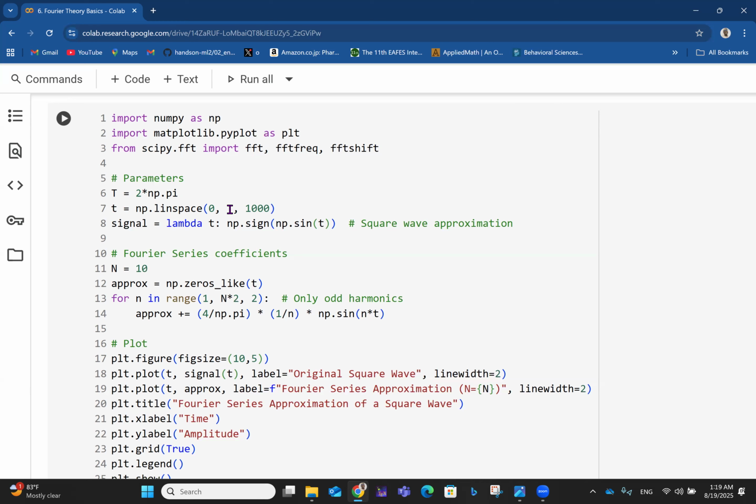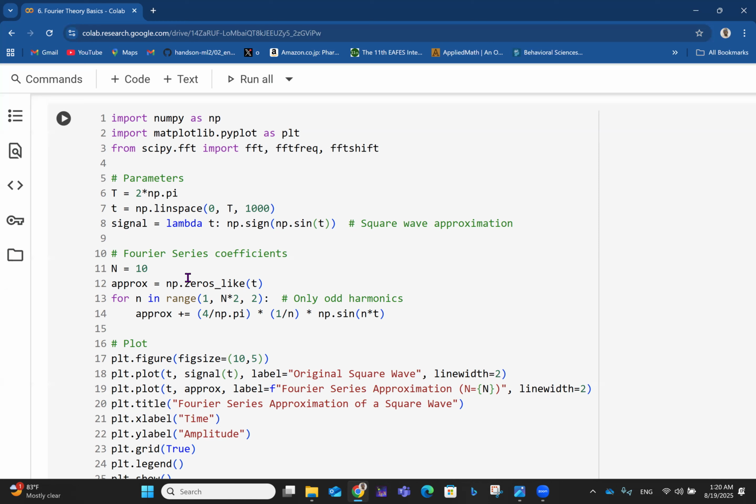And you have t. So you're saying from 0 to T, you divide that into 1,000 equal parts, and then you get the signal. Usually we know that signal is either a data set you have or a formula that represents a time series. So here we have a square wave approximation, which is np.sin(t), and then we have the Fourier series coefficient.